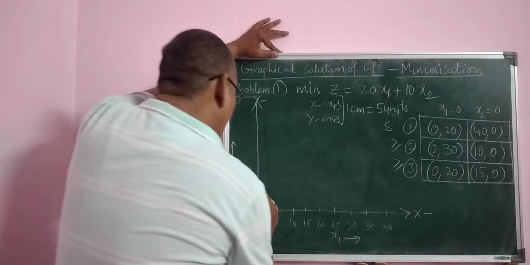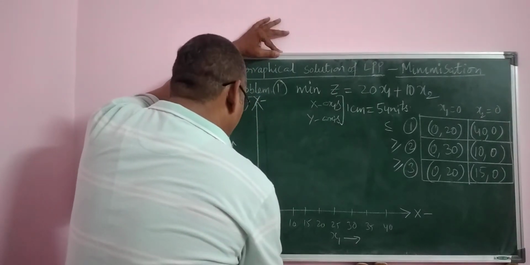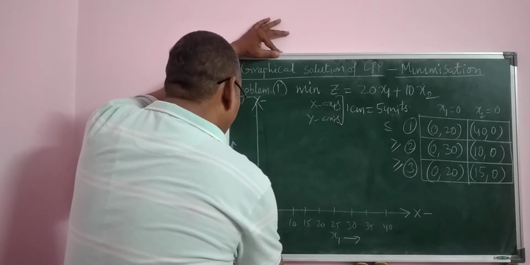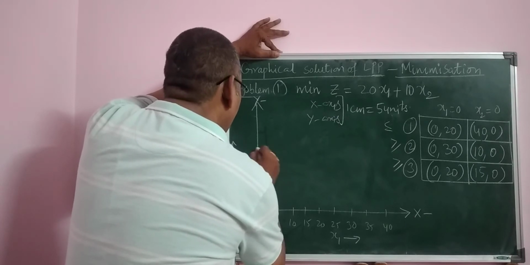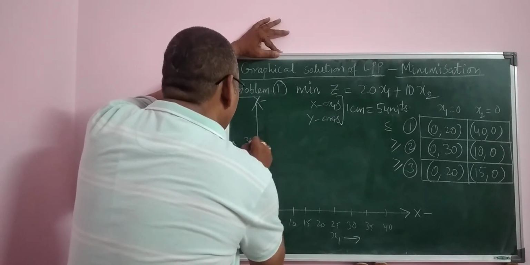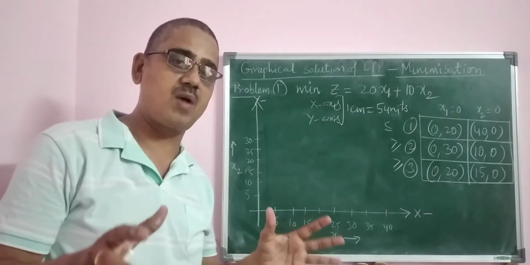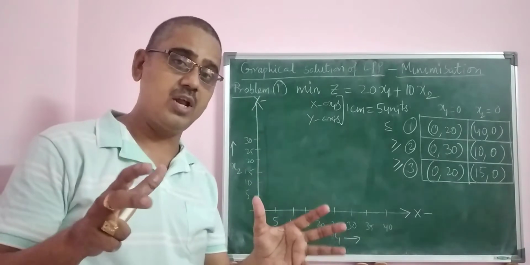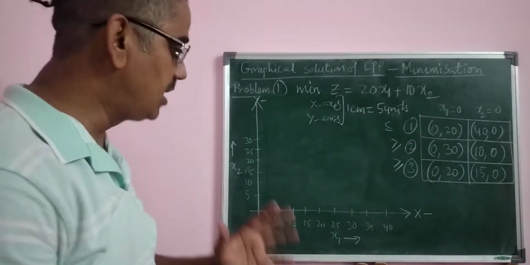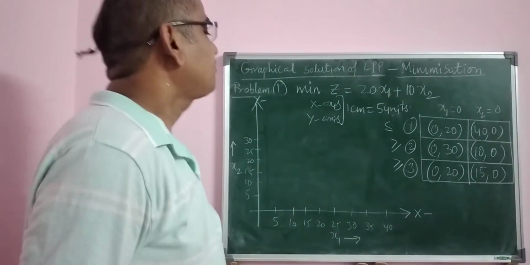On the y-axis, the maximum value is 30. So this is what I am roughly drawing. Take the graph paper, construct properly, do it exactly, and calculate more accurately.